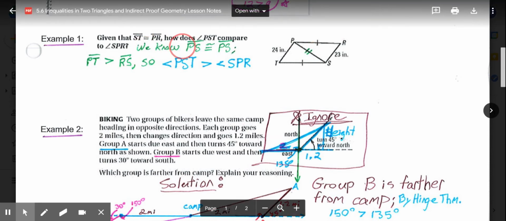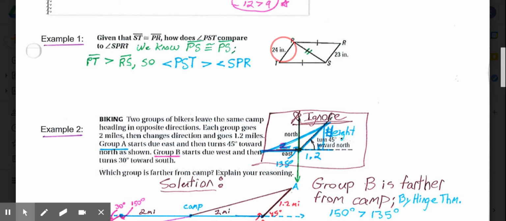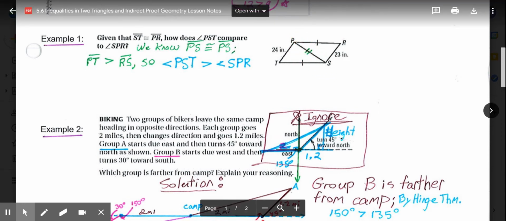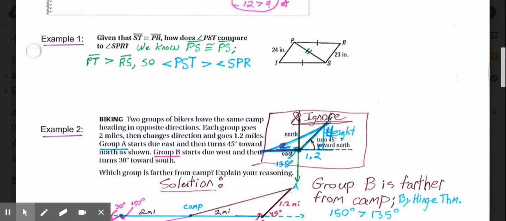We also know PT here was 24, RS is 23. So PT being 24 was greater than side RS. That tells me the angle PST would be greater than angle SPR because it's opposite 24, which is greater than 23.